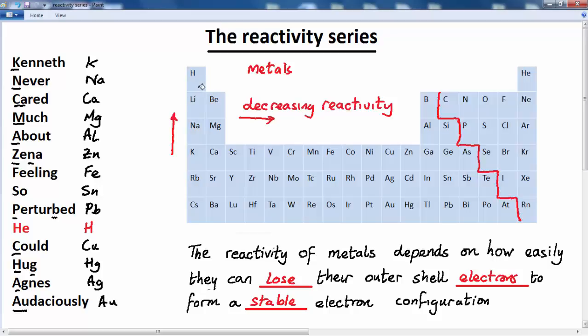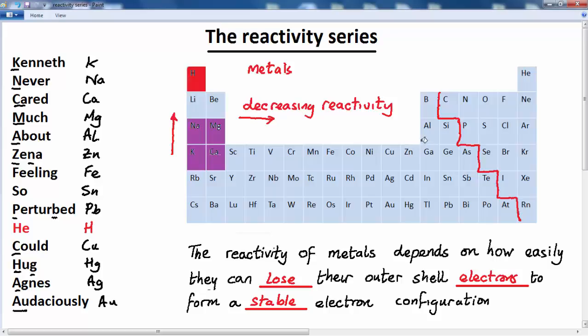So let's just highlight these metals again. We've got hydrogen, we're using that as a reference point here, and you'll notice that this reactivity series really fits in with what we know about the periodic table. At the top of the reactivity series we've got the group 1 elements. We have first of all potassium, and then moving up the group we have sodium, and then after that we've got the group 2 elements. Those are the next reactive, so we have calcium and then magnesium.